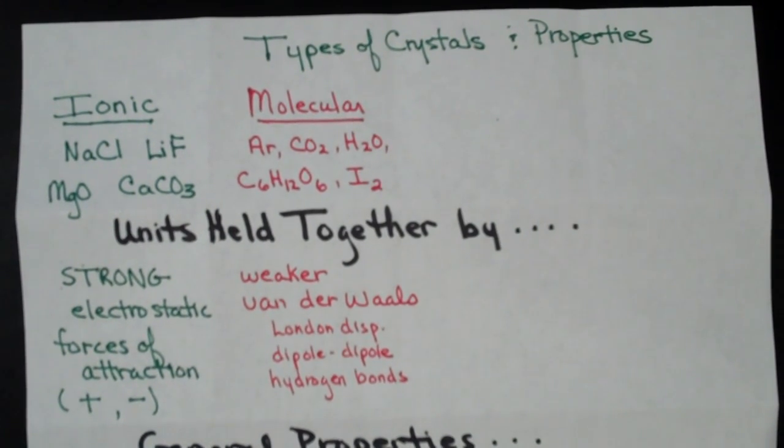If we reorganize our information, we're going to talk about types of crystals and their properties. What we have here is a comparison of the two types of crystals we've discussed. Ionic crystals could be things like sodium chloride, lithium fluoride, magnesium oxide, or calcium carbonate. They are held together by very strong electrostatic forces of attraction.